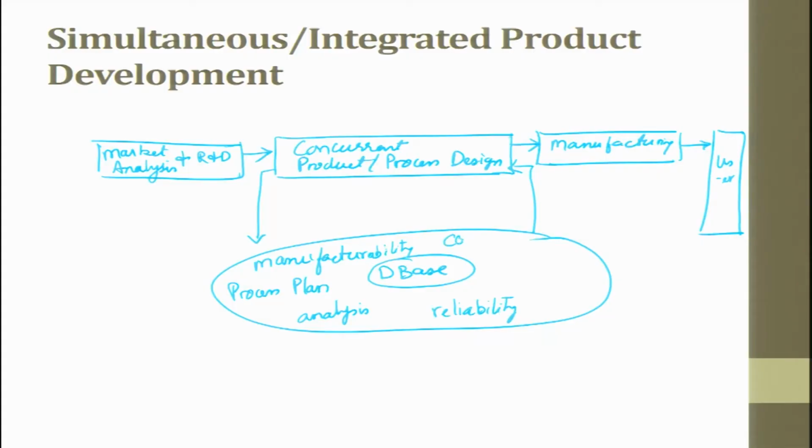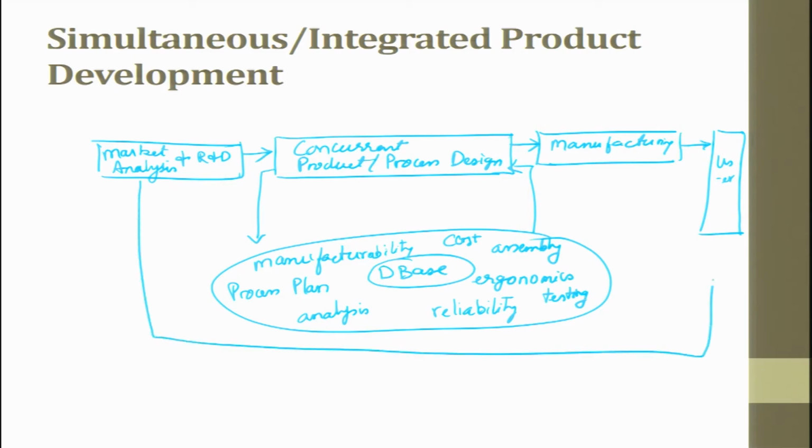Then there will be cost, there will be assembly, and today there is a lot of importance given while product development itself for ergonomics and testing. So, these are the inputs which are given at the conceptual stage itself and we start developing it.